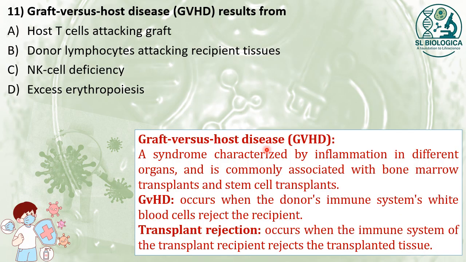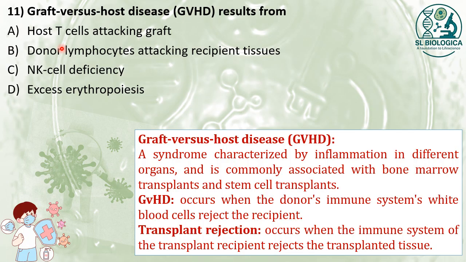Is that clear now? So just remember that graft versus host disease is that the graft, that is the donor tissue, acts against the host or the recipient cells. In rejection, the recipient is rejecting the accepted tissue. Okay. Is that clear now?